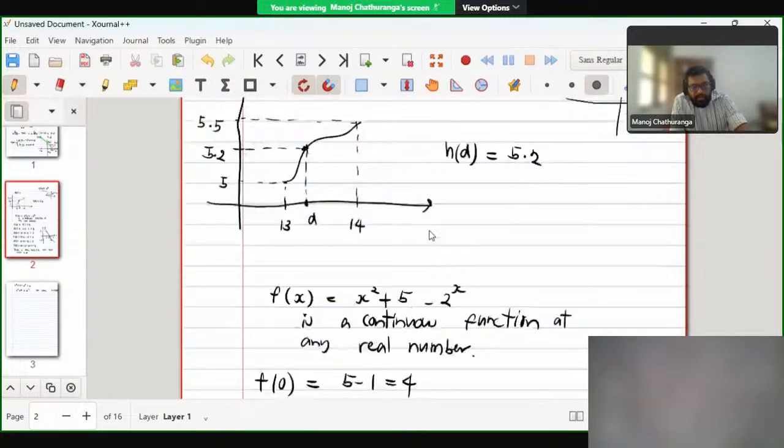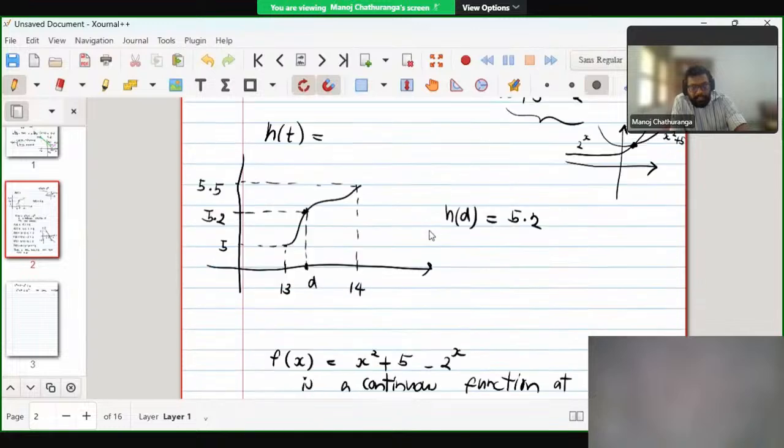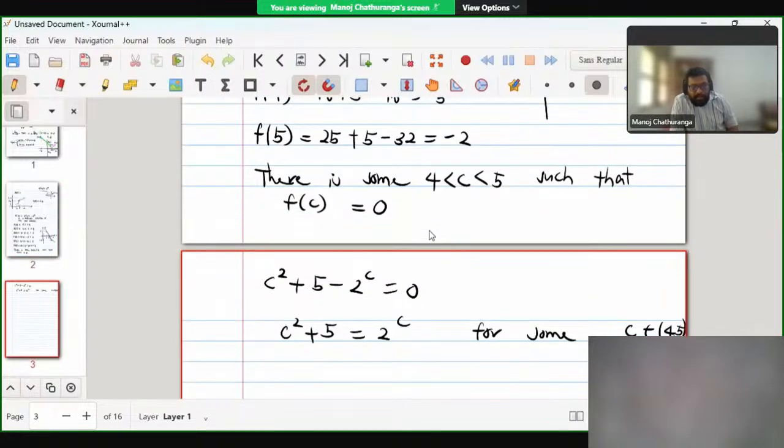So this equation, x squared plus 5 equals 2 to the power x: in general, we don't have a method for solving this equation, but using the intermediate value theorem, we can say there is a solution for this equation between 4 and 5.